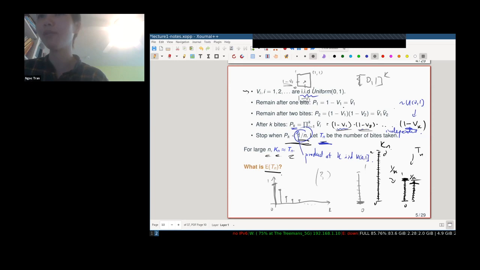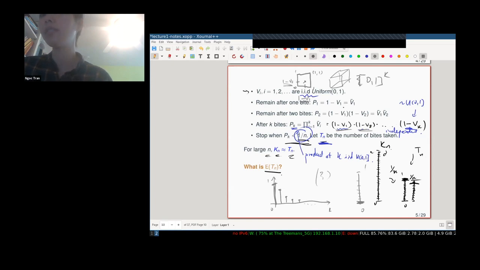The other issue with this representation is that the dimension of your space increases as you take more bytes. If I take 3 bytes, I'm in the 3-cube, and if I take k bytes, I'm in a much bigger cube.